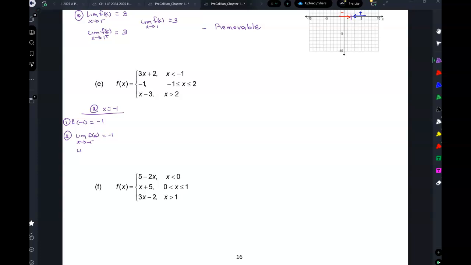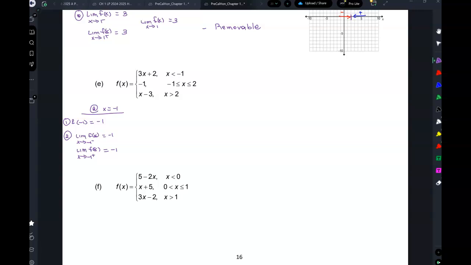Okay. So limit of f of x as x approaches -1 from the positive side. Also -1. Yeah. Wait, where did you get -5 initially from? I added wrong. Okay? Are we okay with this?